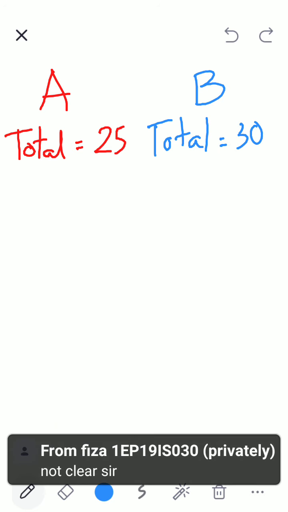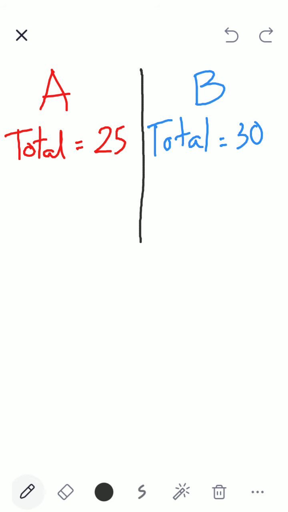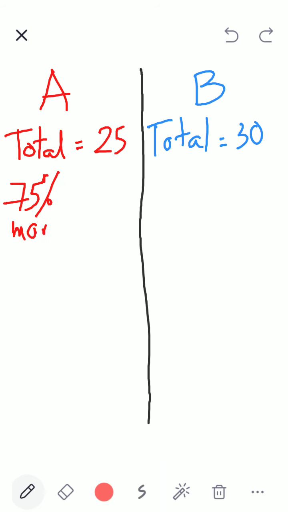Okay. Then what happened? Okay. So 75% marks, how many got? 20 students got.